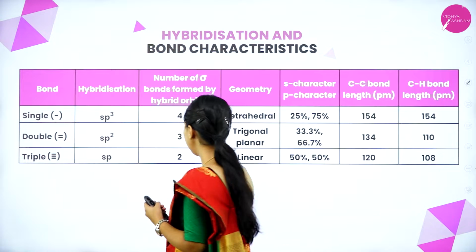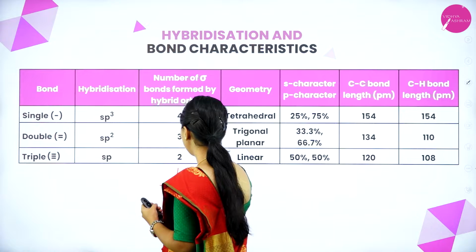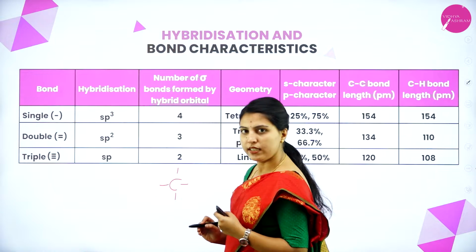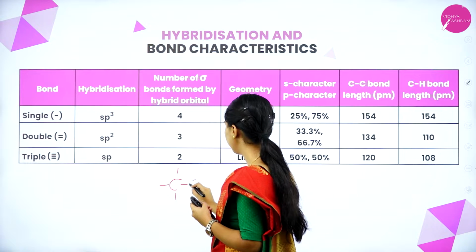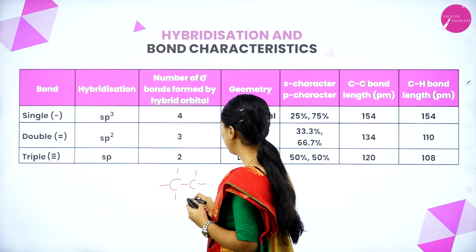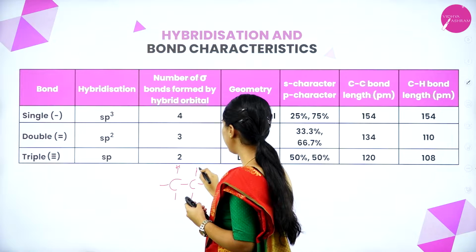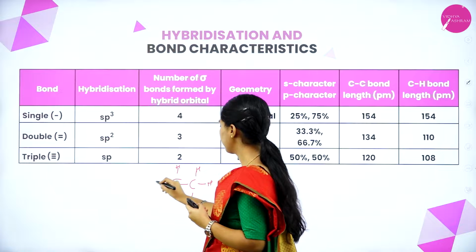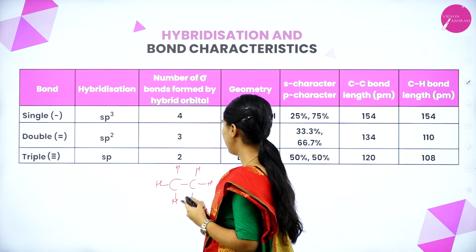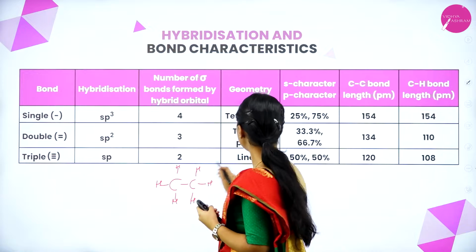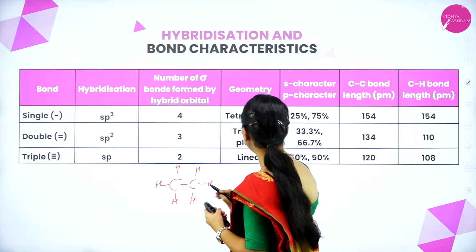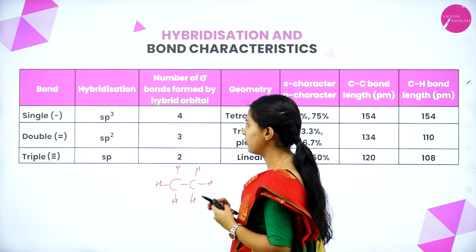See here, sp3 means all are single bonds, carbon-carbon and carbon-hydrogen. All are single bonds. This is the first one we have seen.